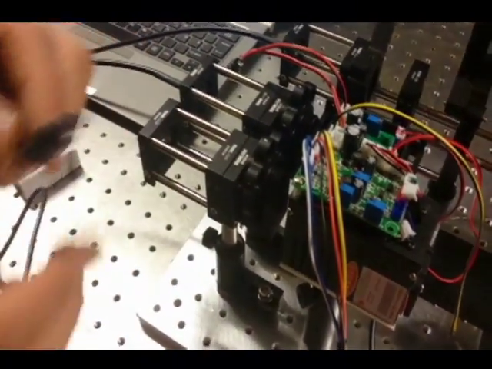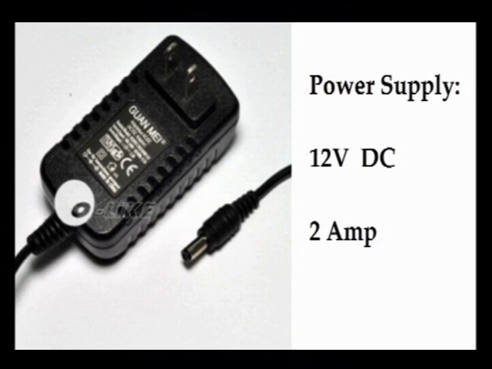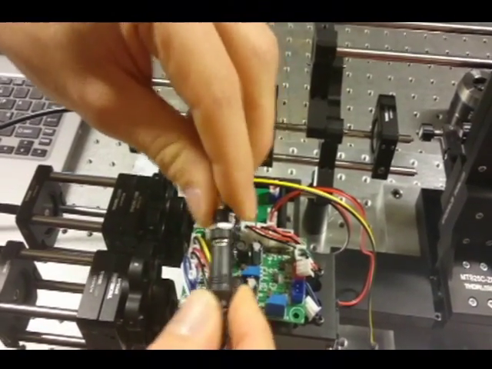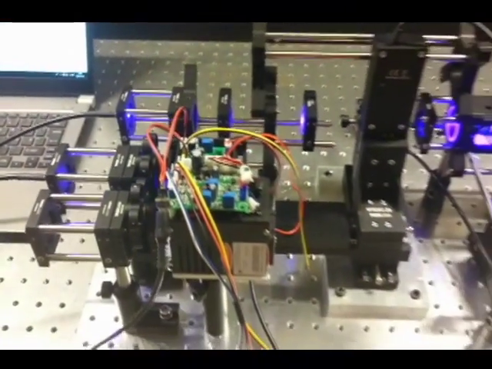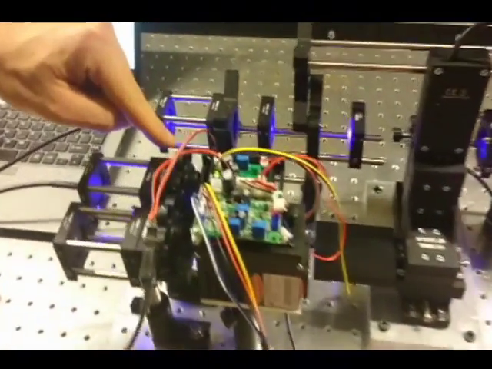Those lasers are powered using a single power supply, simply 12 volt DC and 2 amps. So we connect it and we get light out of one of the lasers.